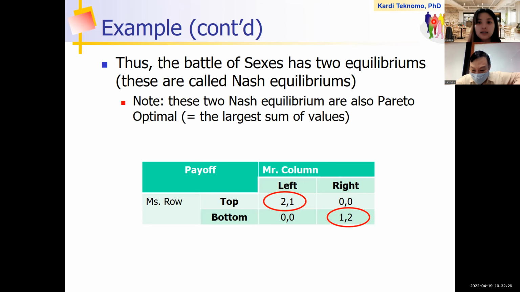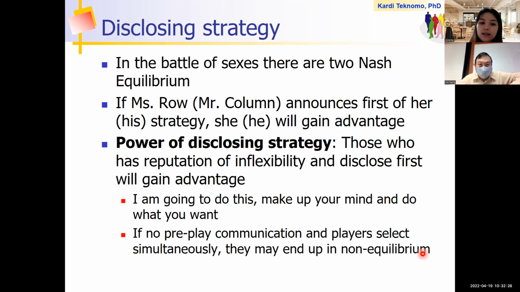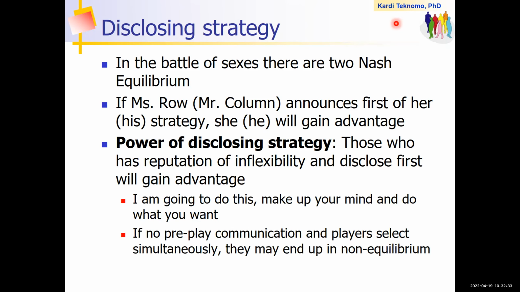Yes. Okay. So now, you see in the Battle of Sexes, there are two Nash equilibria, right? So if Miss Row or Mr. Column announces first his or her strategy, then the one who announced first will gain advantage.